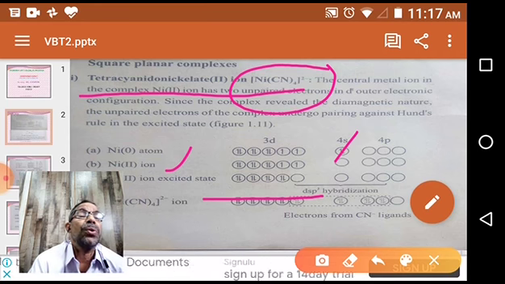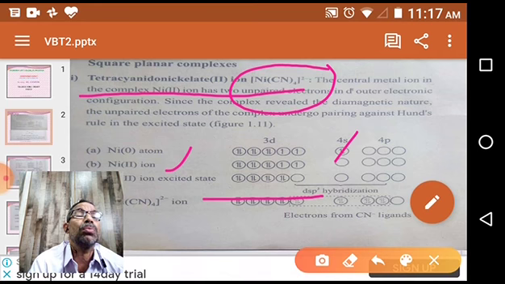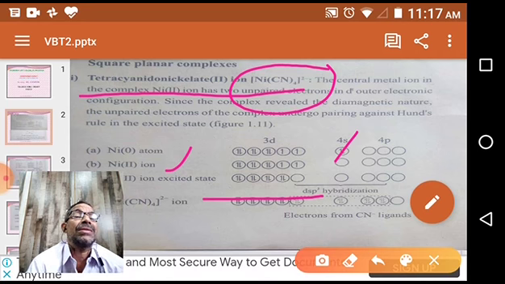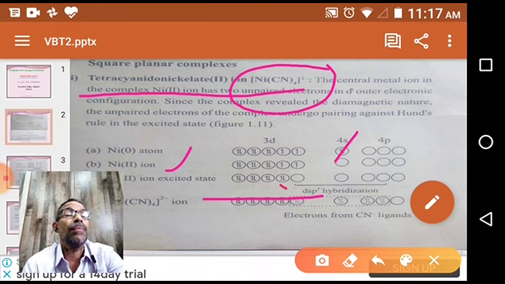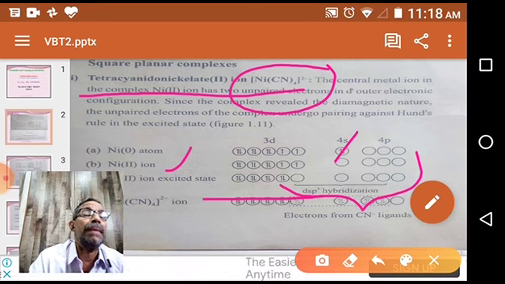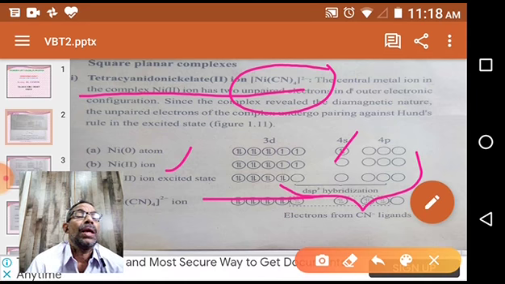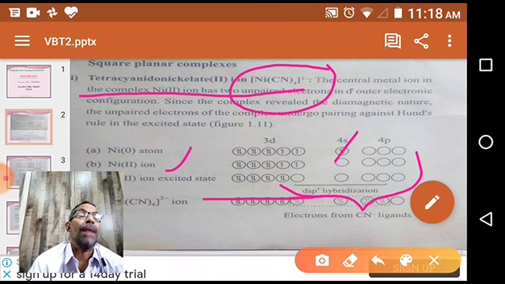Already I told you, nickel in this complex has to form 4 coordinate bonds with 4 cyanide ligands. So one d orbital, one s orbital and 3 p orbitals intermixing? No, we require only 4 orbitals.